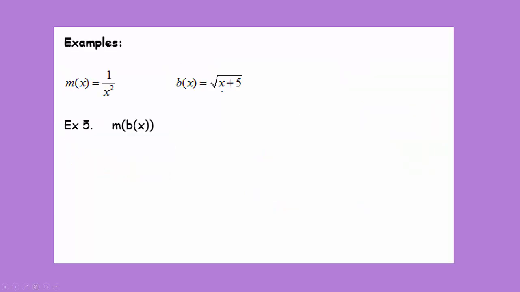So here's another example where we have a square root function as our input. So let's start there. We are now going to do m of the square root of x plus 5. And we're going to substitute this one now as an input into a rational function. So that's a function where you have variables in a denominator.